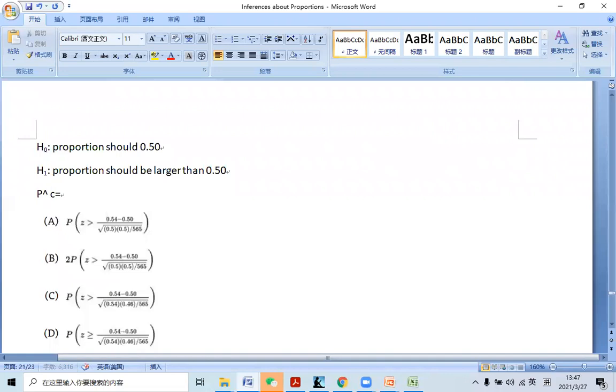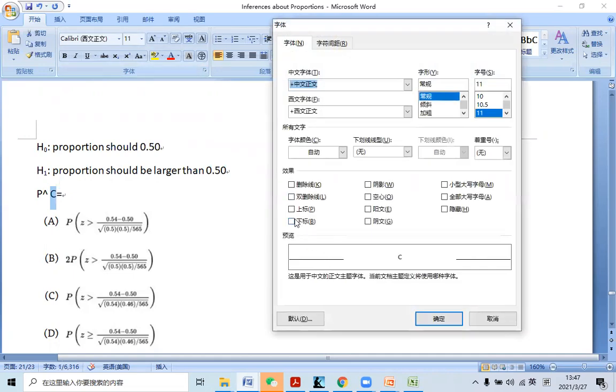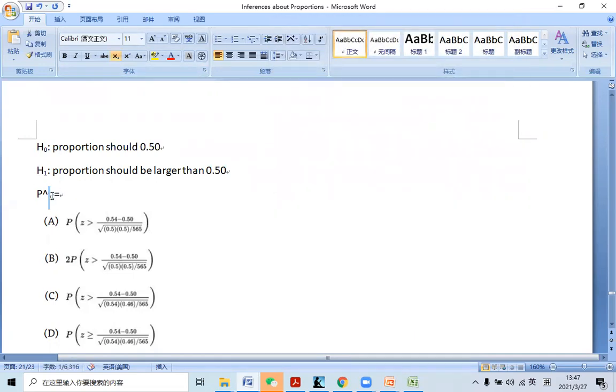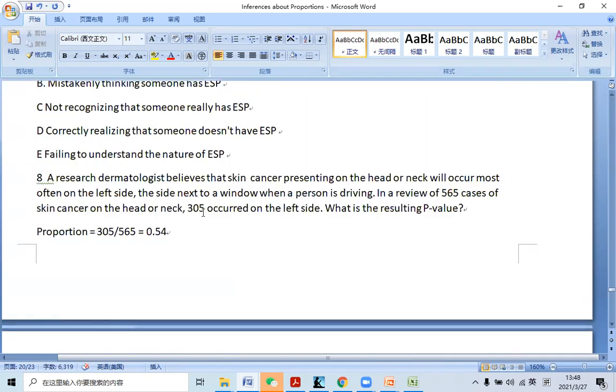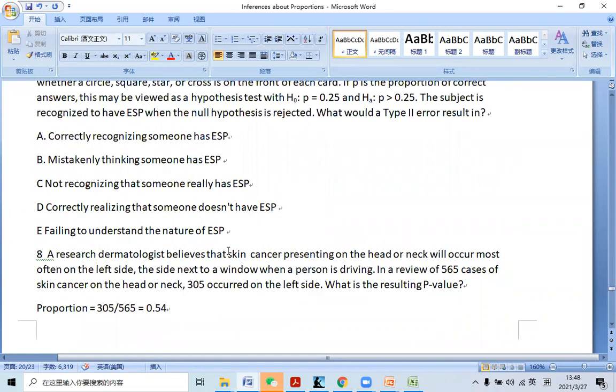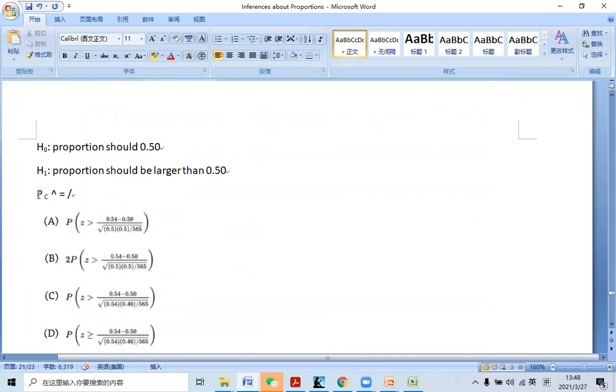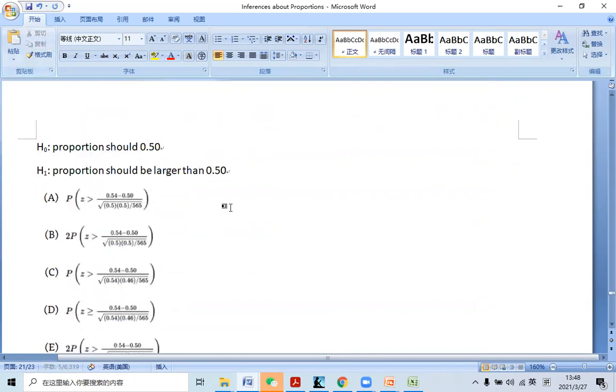The proportion estimate for the combined, you have C. This one should be a subscript. For the combined proportions, in the denominator, what are the samples? Oh, wrong place, wrong question.